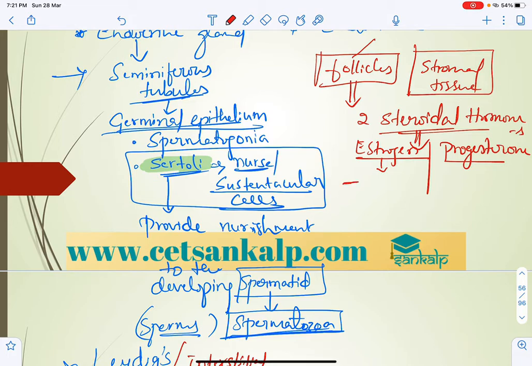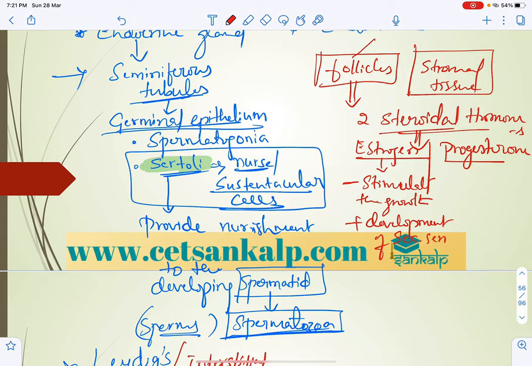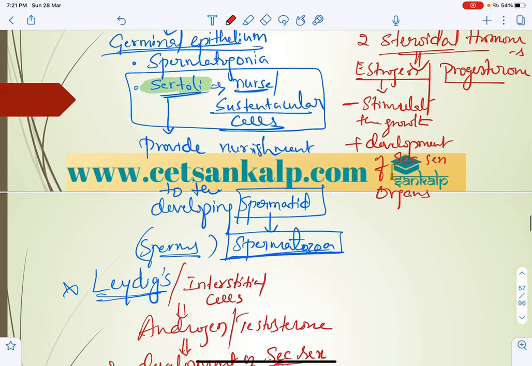The estrogen, which is produced by the ovarian follicle, stimulates the growth and development of secondary sexual characters and also secondary sex organs, same like how androgen plays a major role.